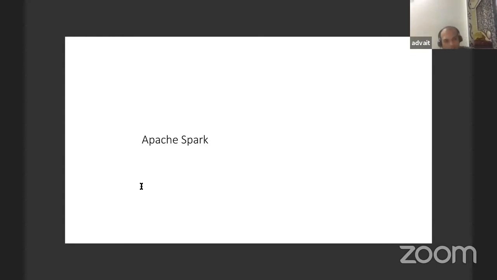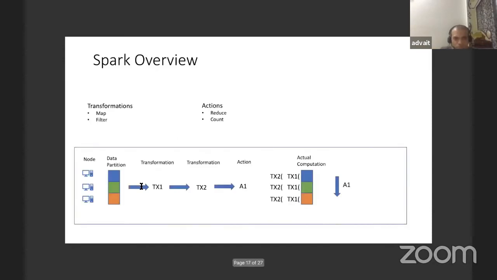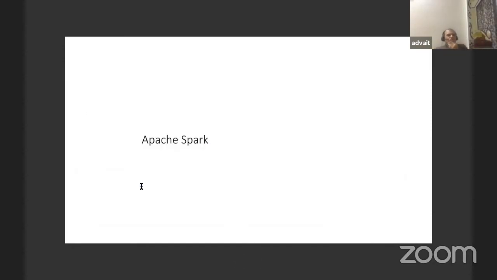So Hadoop came up with computation and the storage, which is HDFS. Apache Spark utilizes the storage layer from Hadoop, and it has its own computation style, and that computation made Apache Spark much faster than Hadoop.